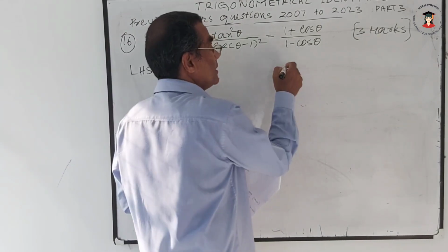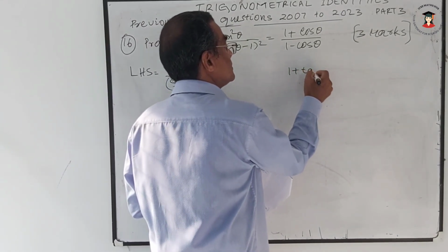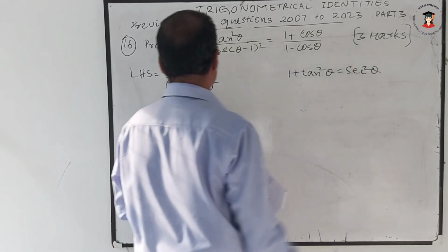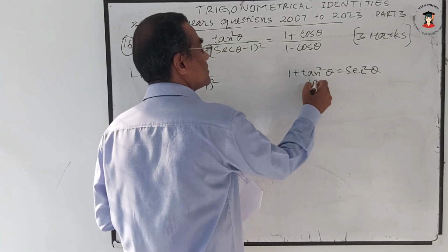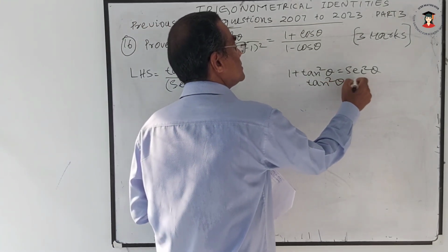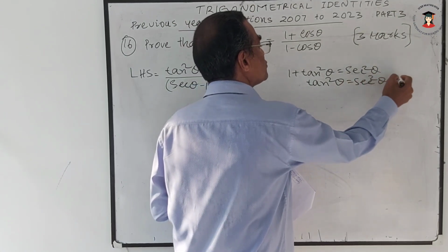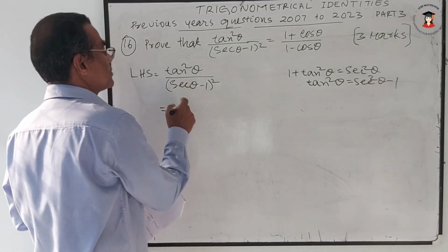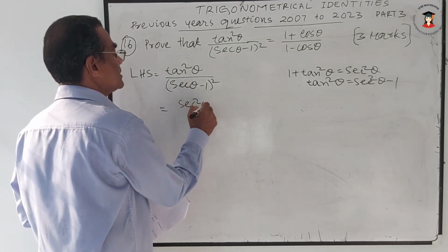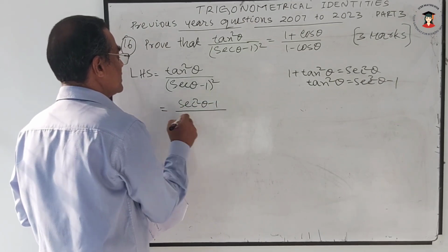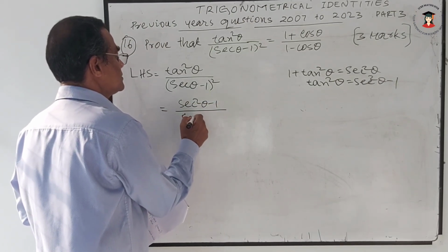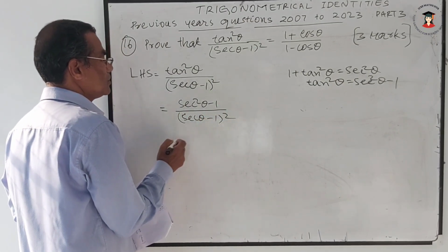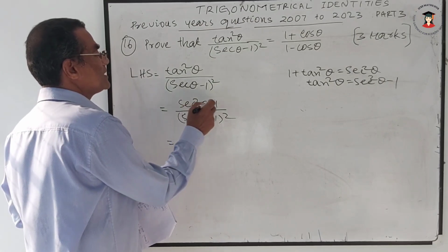We know an identity 1 plus tan square theta equals sec square theta. Therefore, tan square theta can be written as sec square theta minus 1. So instead of tan square theta, I am writing sec square theta minus 1, divided by sec theta minus 1 whole square.